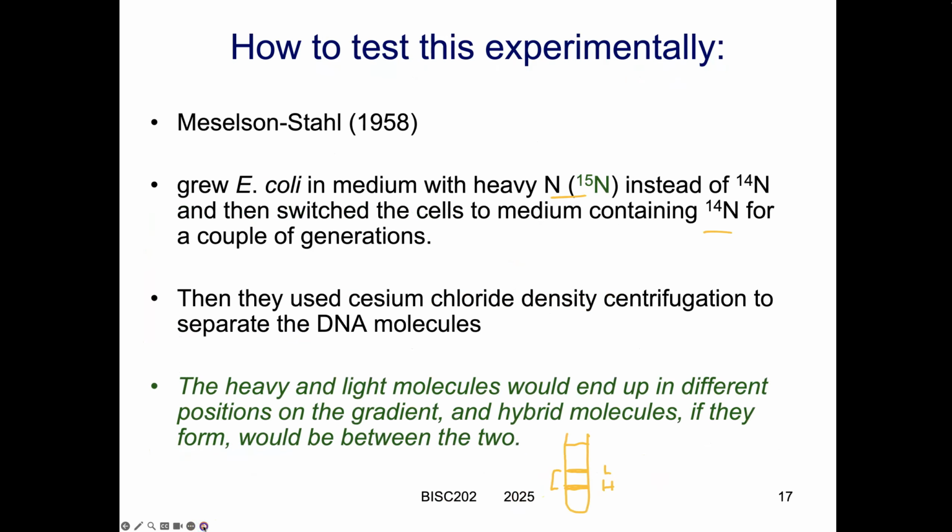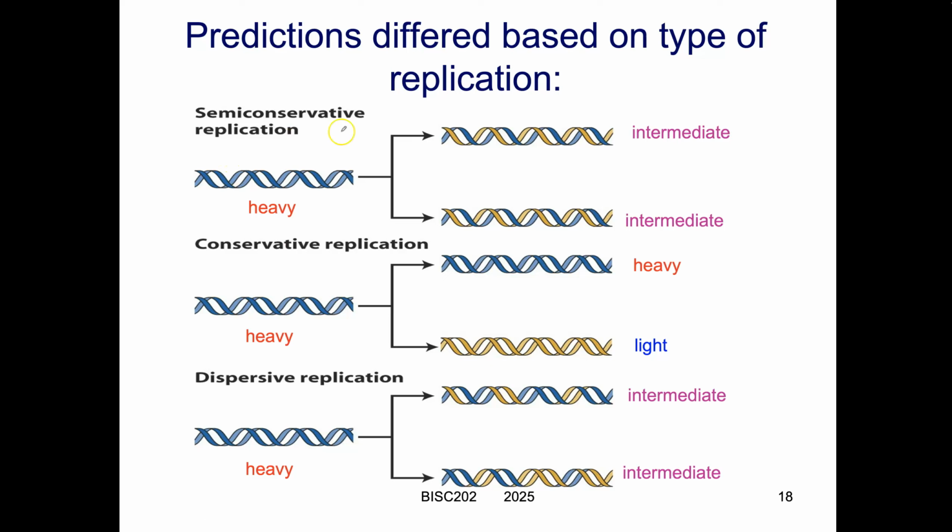What would you expect to see? So these are the predictions. So with semi-conservative, you would expect each molecule that it separated, and the new DNA that was made with the lighter nitrogen isotope. So you would expect that all of the newly made DNA would be intermediate, right?